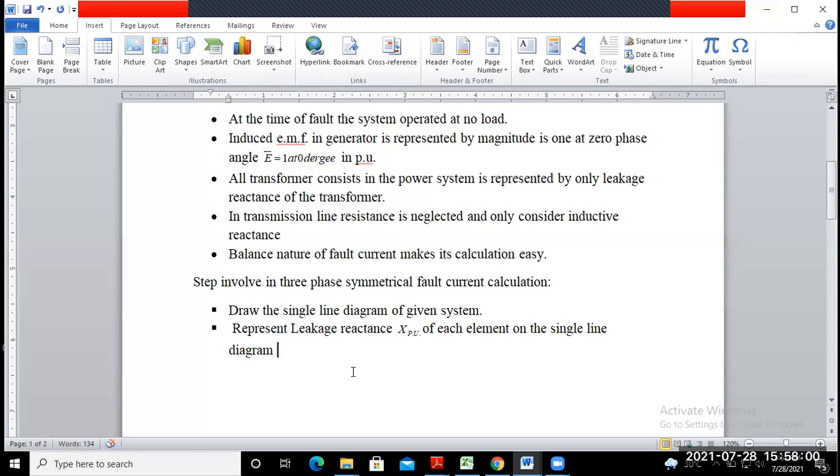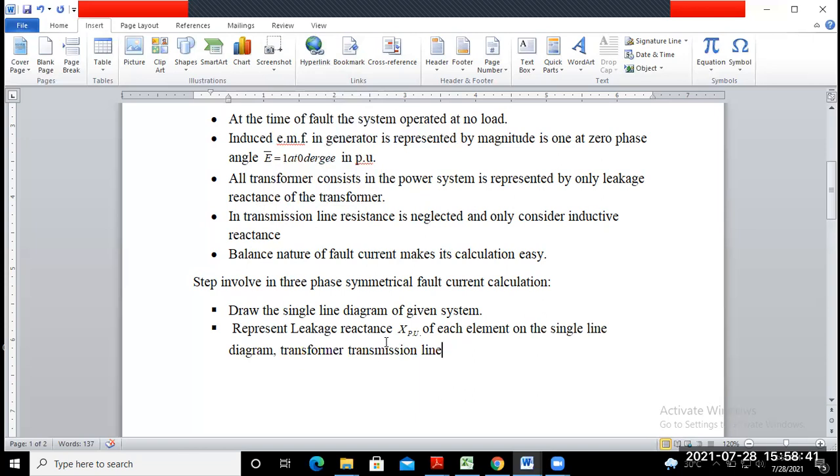Today I have mentioned this point in the assumptions: all the transformers in the power system are represented by the leakage reactance.